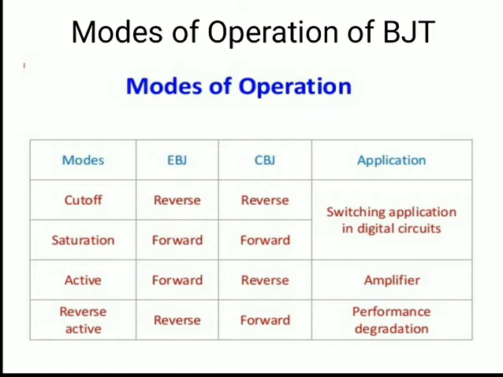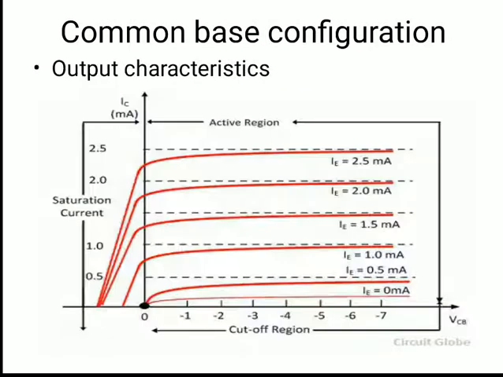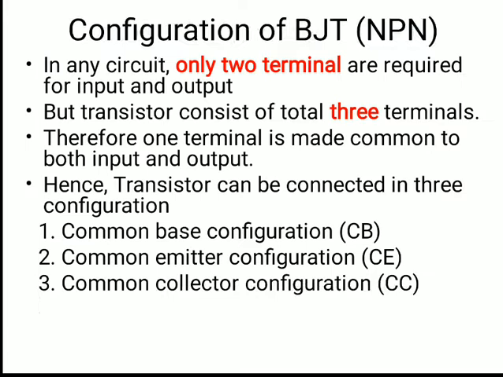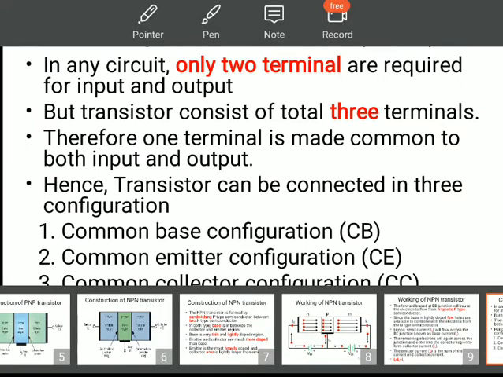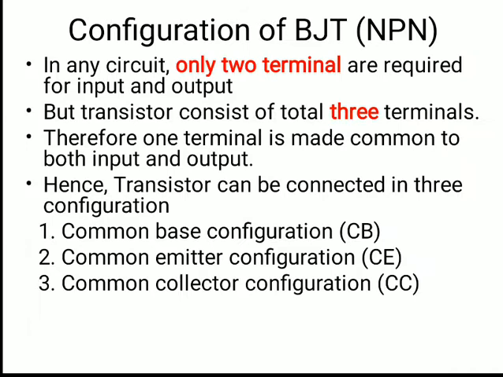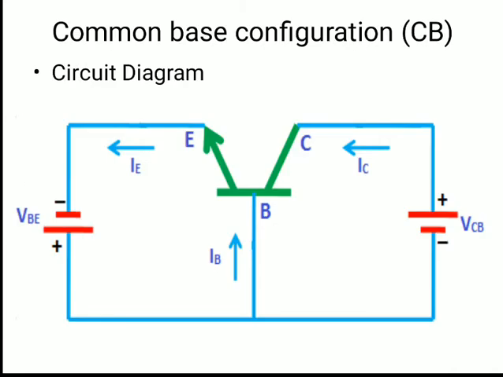If you want the transistor to operate in the cutoff region, we make the EB and CB junctions both reverse biased. This is the EB and this is the BC. We have to put these in reverse bias, so we have to change this.